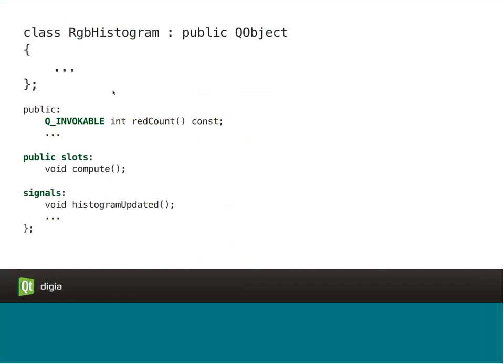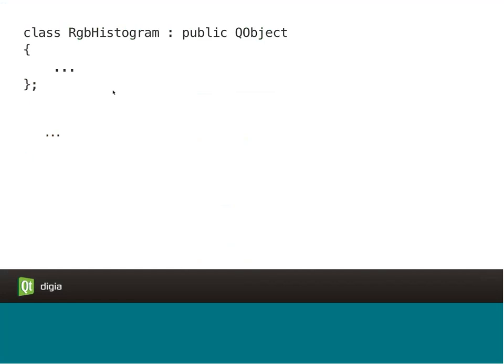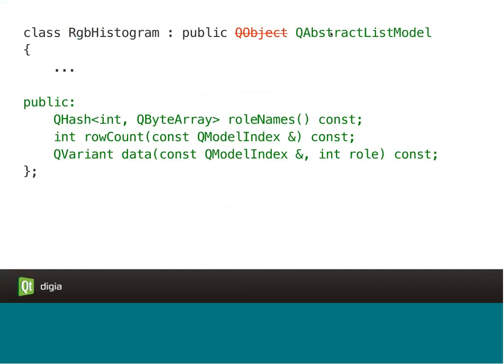So this is our histogram. We know it inherits QObject and has some API. But if we want this to be a valid model in QML, we will need to do some changes. We need it to no longer inherit QObject, but for instance QAbstractListModel, and then add some extra API, because QAbstractListModel being an abstract class, it demands that we implement all this.